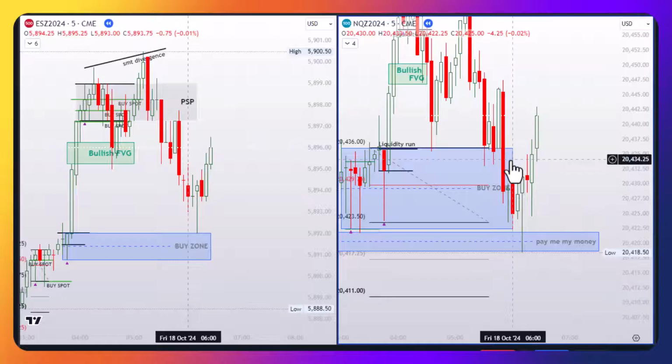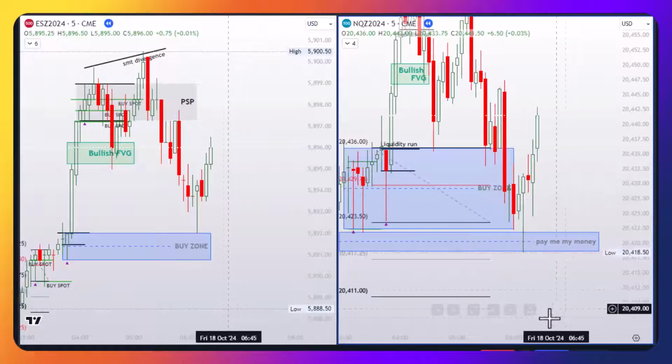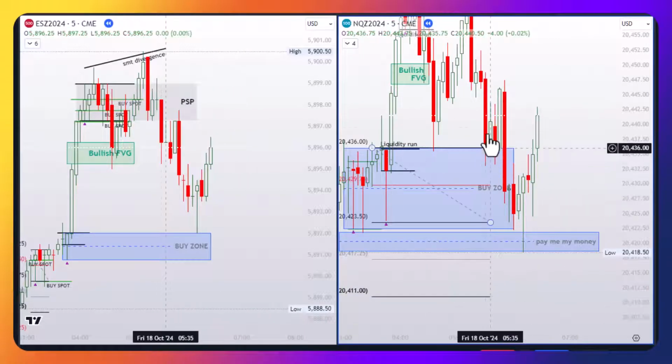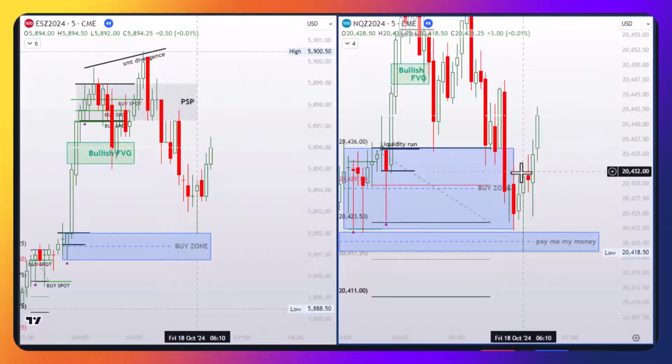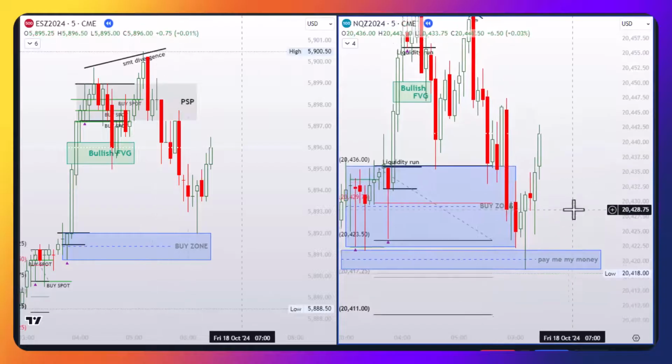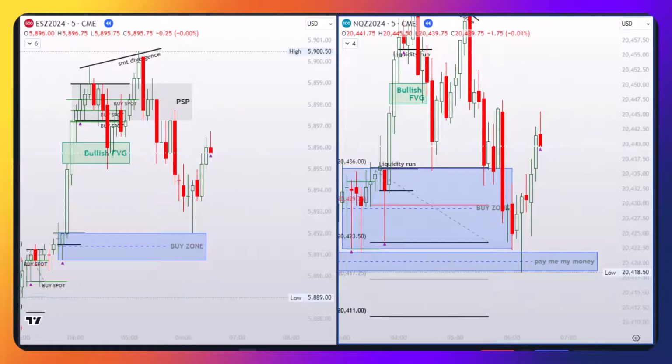Am I making candle closes? Should I buy order blocks? Should I buy this as an inverted fair value gap? Right? So here, maybe we thought it was a buy and then it hit our stops. Who knows? Let's keep going.